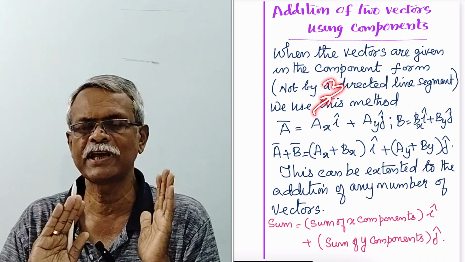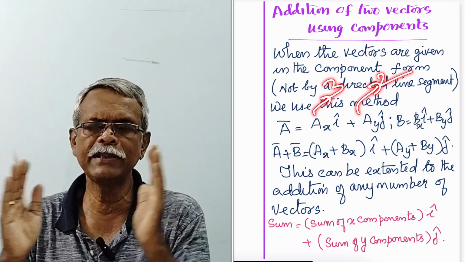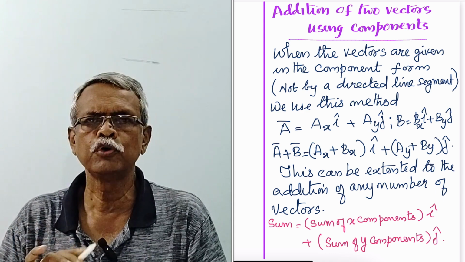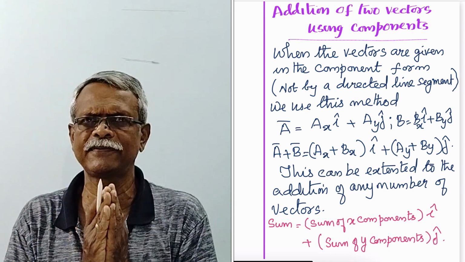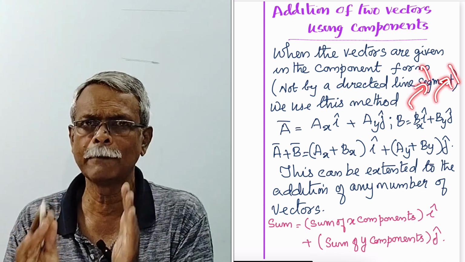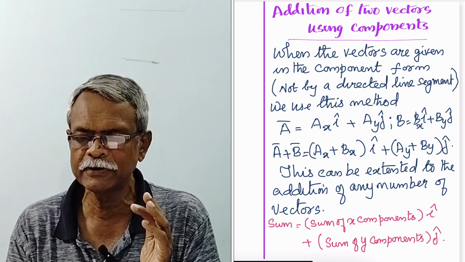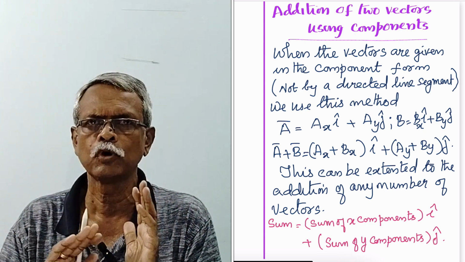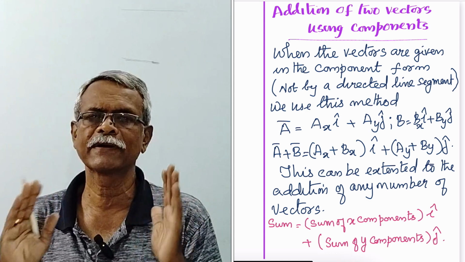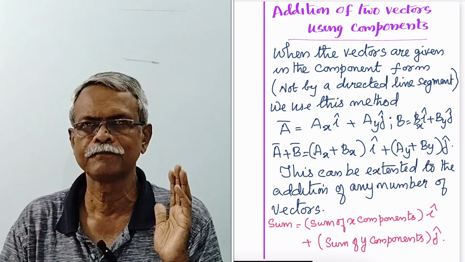B is Bx i plus By j. Then, to add these two vectors, that is to find the value of A plus B, you simply add the x components. They are two numbers, they are moduli, therefore numbers. You add those two numbers, or subtract if it is minus. Algebraically sum those two, Ax plus Bx, and put an i there.